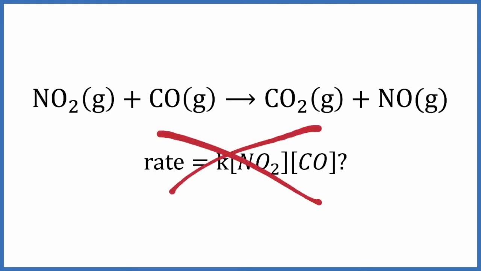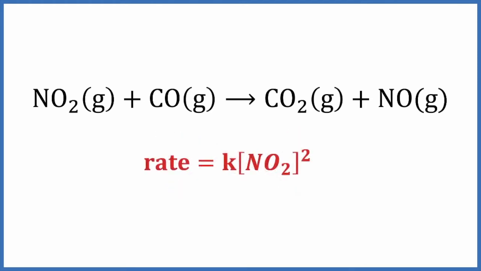But the rate law has been experimentally found to be rate equals k times the concentration of nitrogen dioxide raised to the second power. Since our experimental rate law does not match our predicted rate law, we know that this reaction must have more than one step.